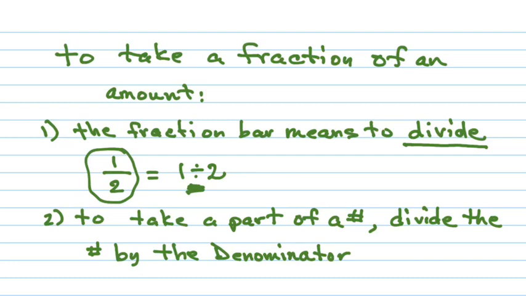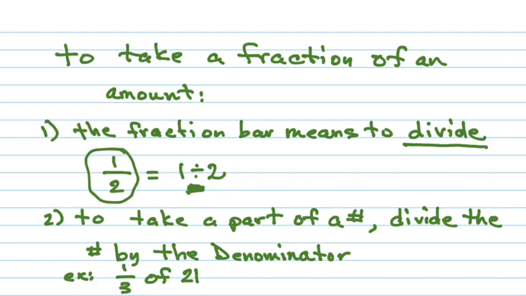All right. So, let's just look at a quick example. This would be off to the side, right? Y'all would have it off to the side in your notes, but I can't do that. So let's say I want 1/3 of 21. Okay?